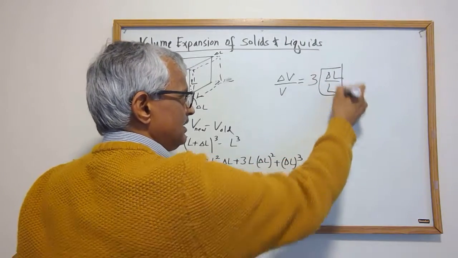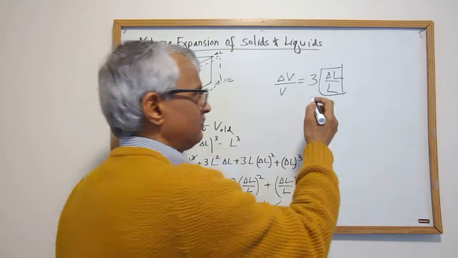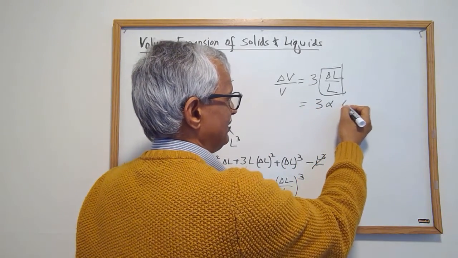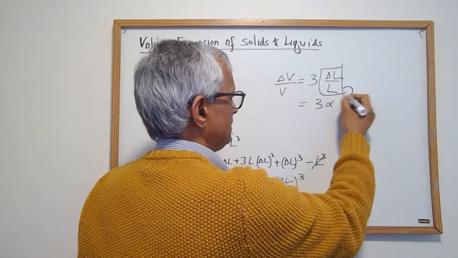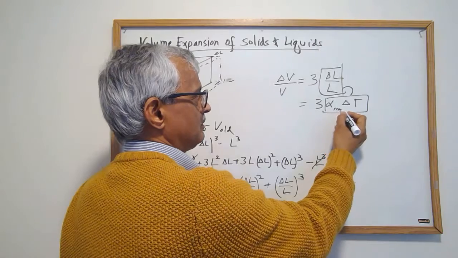But this is nothing but linear expansion. So volume expands like 3 times alpha delta T. And this is for the material.